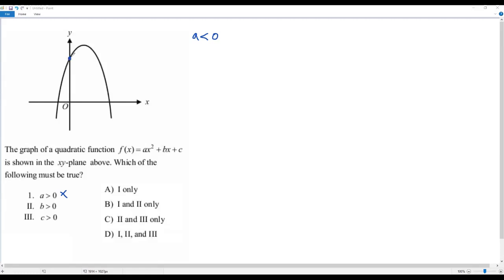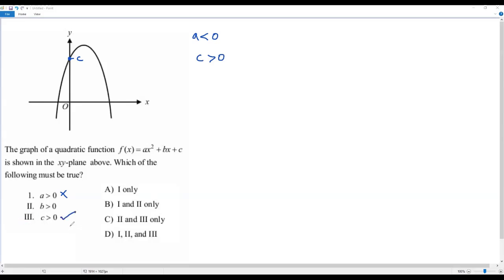So the parabola intersects the y-axis over here, so here we'll have the value c. Clearly the parabola intersects the y-axis on its positive side, that is above the x-axis. So the parabola intersects the y-axis at a positive value. That means the value of c is positive, that means c is greater than 0. We have c greater than 0 in statement 3, so clearly this is true.